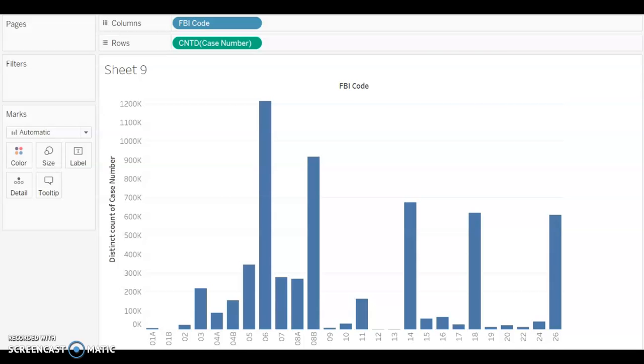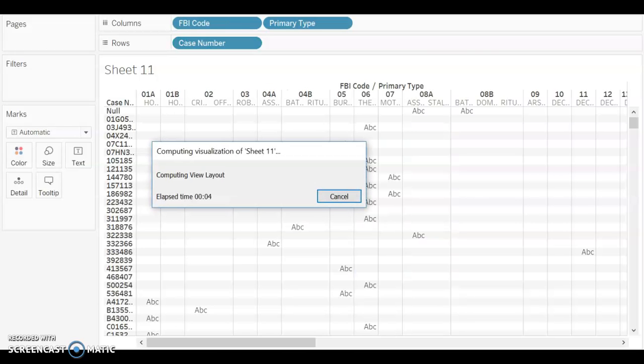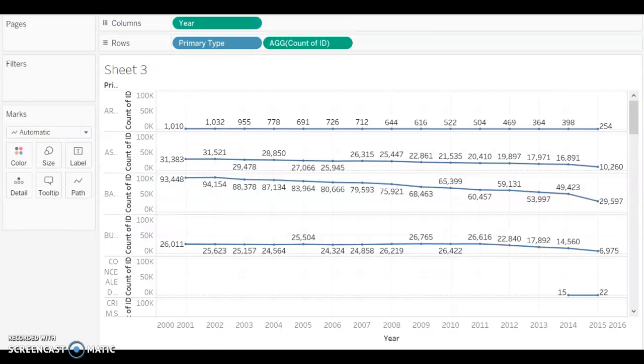Here is FBI code versus case number, and primary type versus case number. Here is year and primary type.